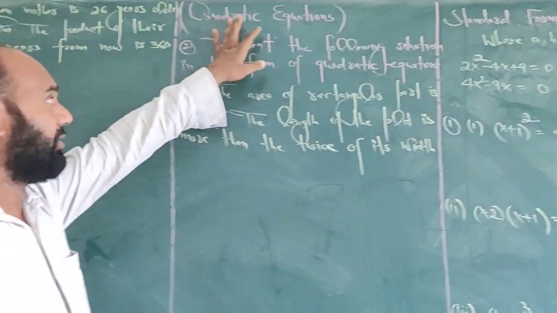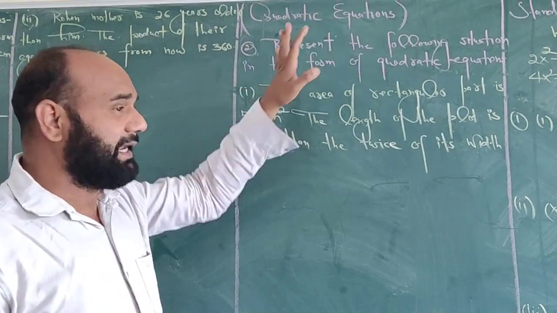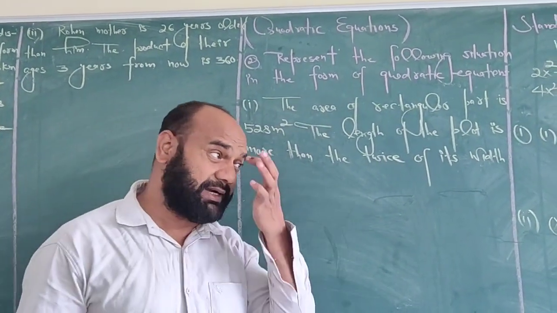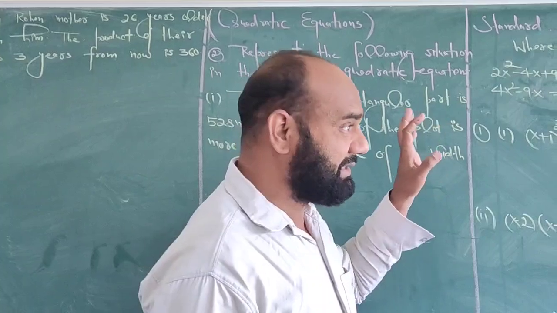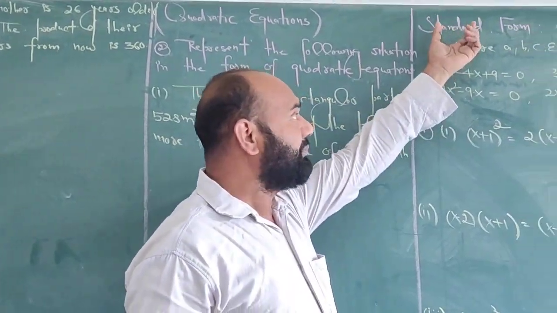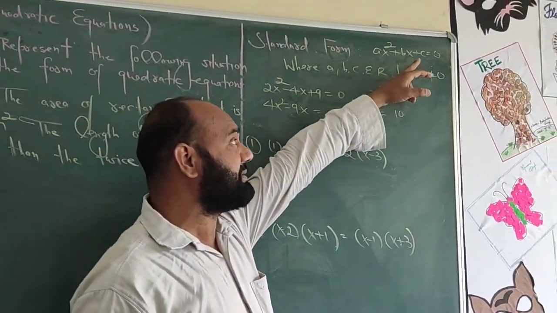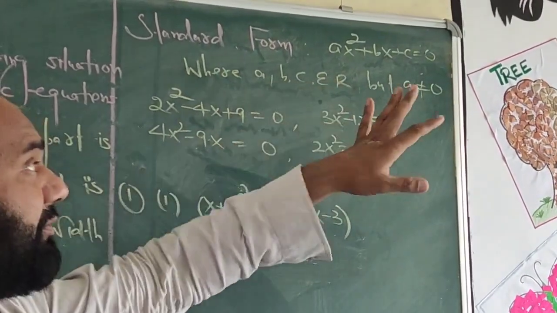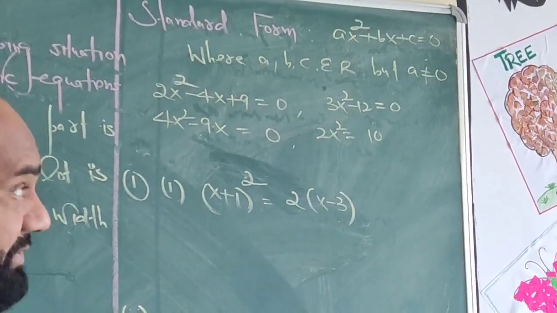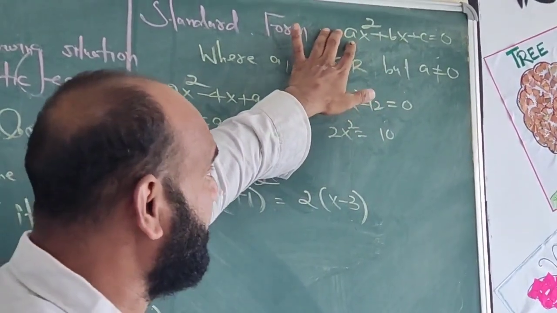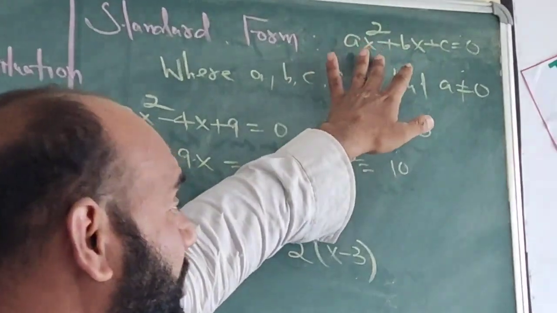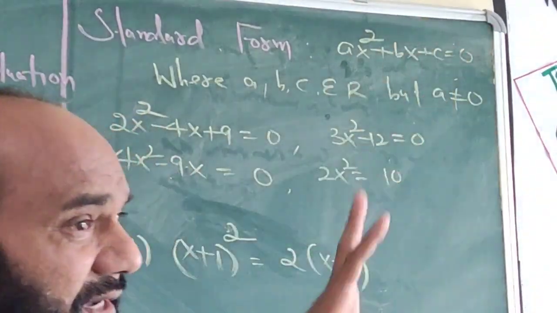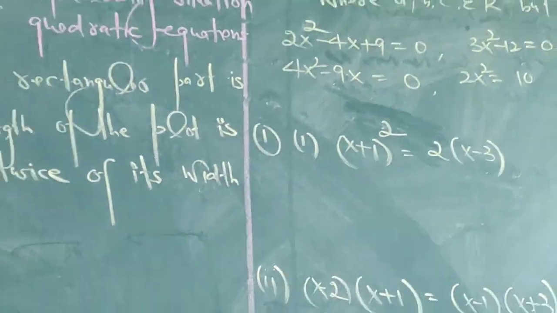So it is clear for all of you that any equation in which the highest power is 2 is said to be a quadratic equation, and we compare this definition with its standard form ax square plus bx plus c equal to 0, where a, b, c are any three real numbers but a is never equal to 0, because when a is equal to 0 then the term of x square is finished and the highest power of this equation is 1, then it will change into a linear equation.